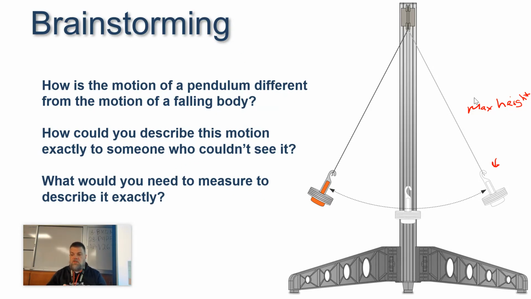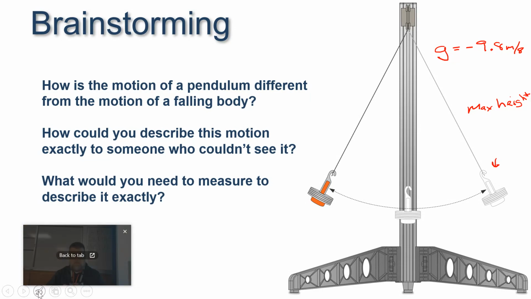What else is similar to a free fall? Well, G still acts on it, right? The acceleration due to gravity pulls it down at 9.8 meters per second squared. So as that pulls it down, it sets this thing in motion and it swings this way.